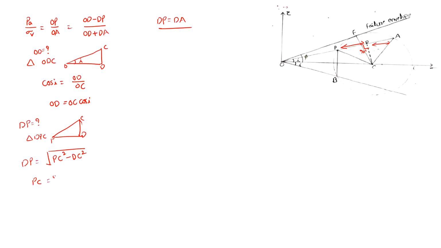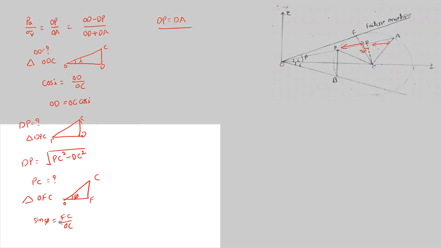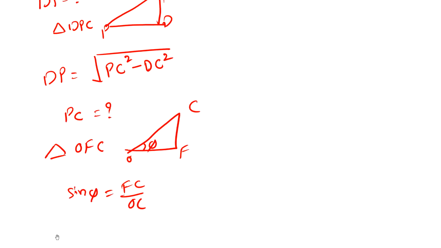For the calculation of PC, I'm considering the triangle OFC. See here also the hypotenuse is OC, but here the angle is phi. In the previous triangle the angle was i, but here we have angle phi. With that we can get the PC value. So sine phi I can write as FC by OC.